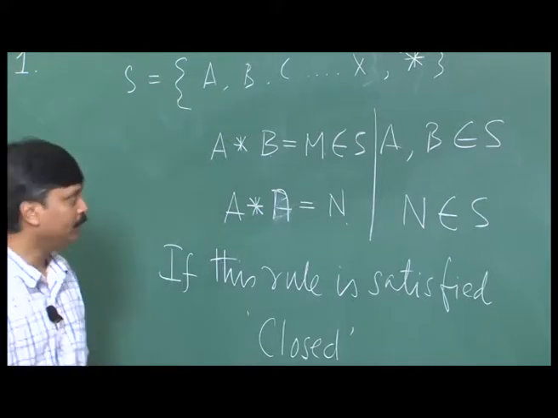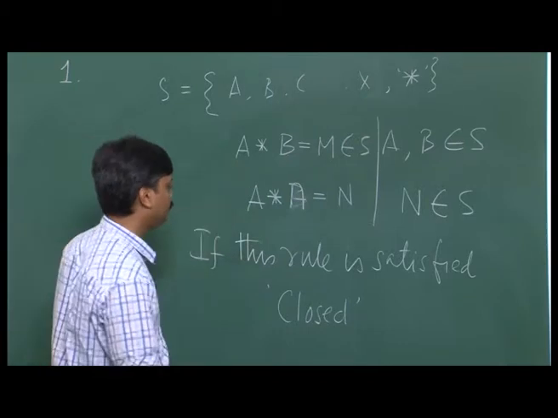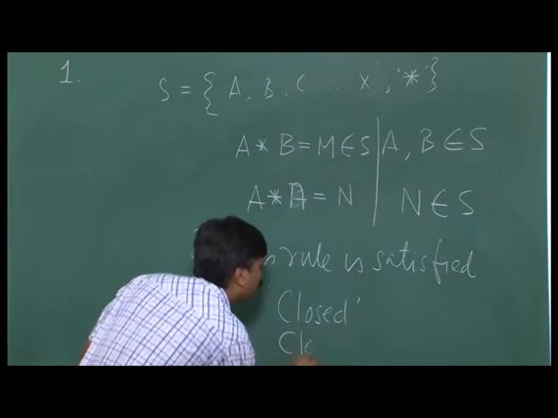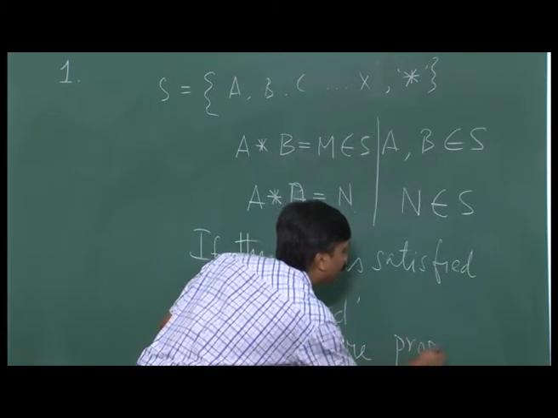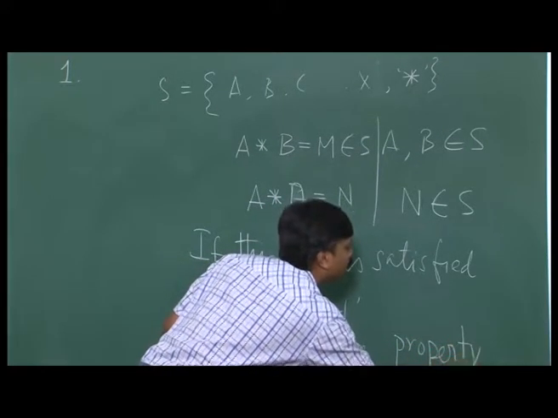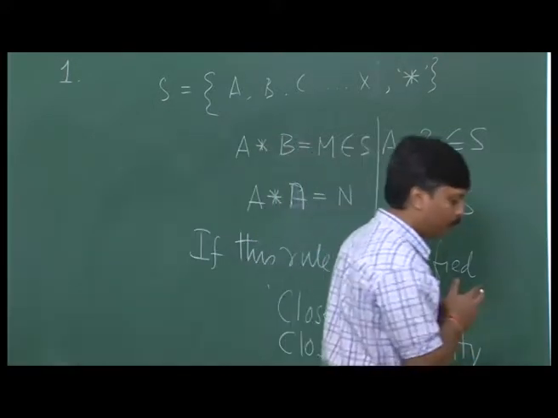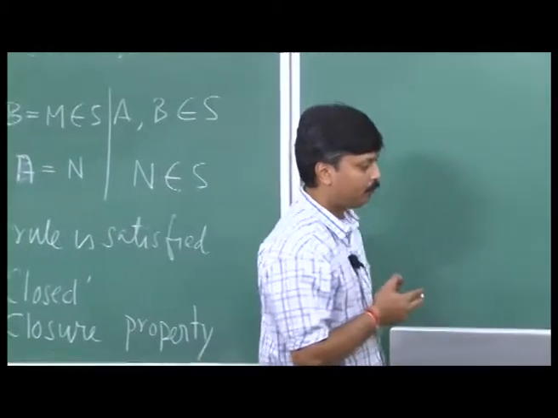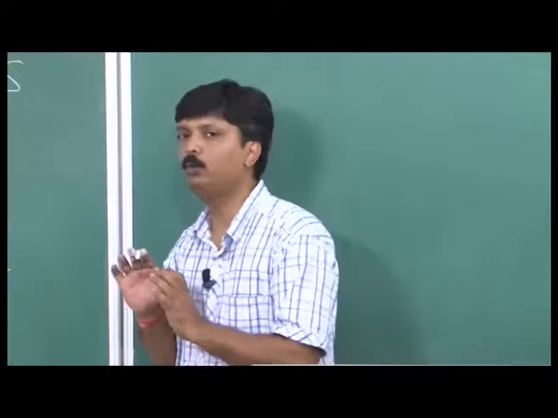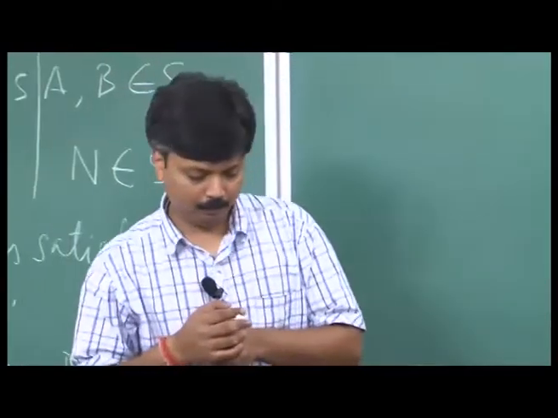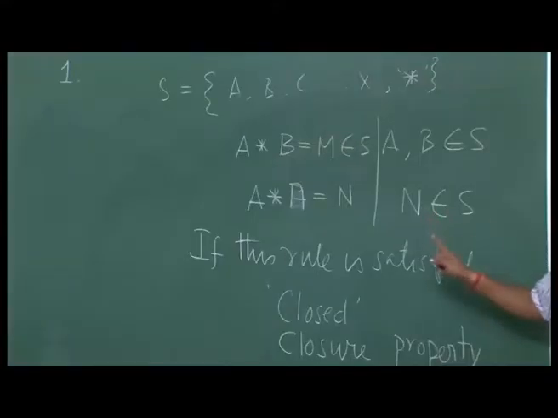And this particular property is also known as the closure property. So the first rule for a set that can be called a group: in order to call a set a group, this first rule must be obeyed.